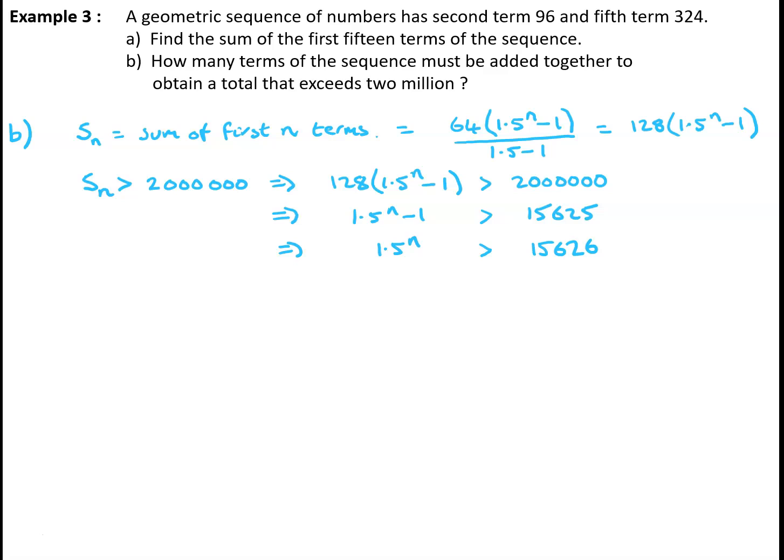Taking logarithms to base 1.5 to each side will give me n must be bigger than the logarithm to base 1.5 of 15,626, or n is greater than 23.82.